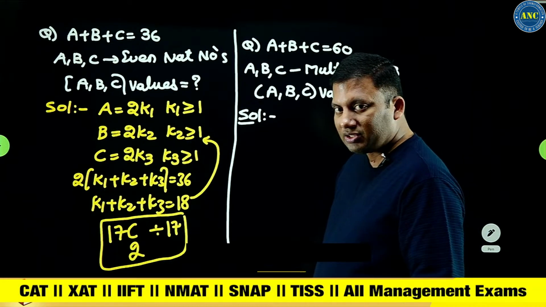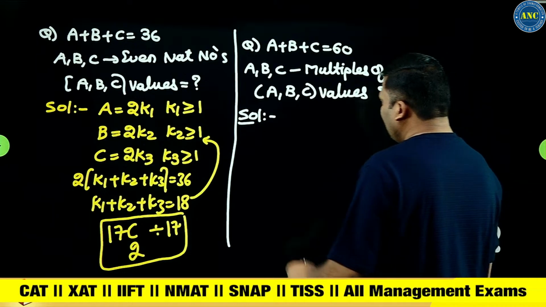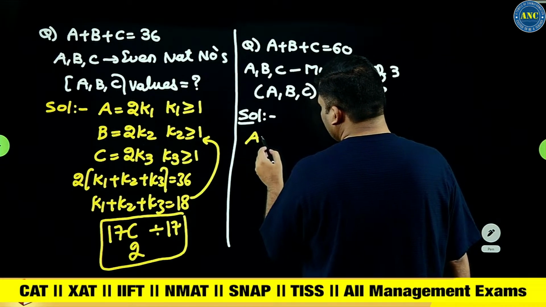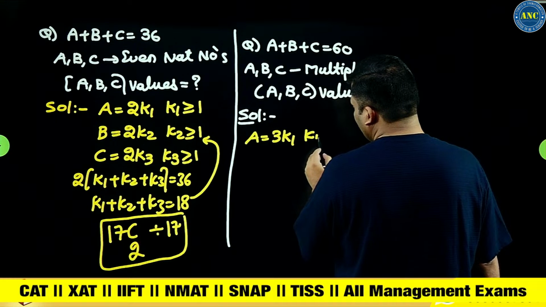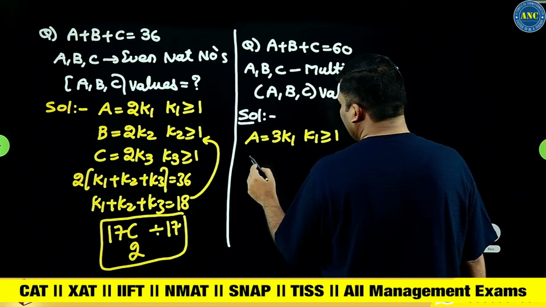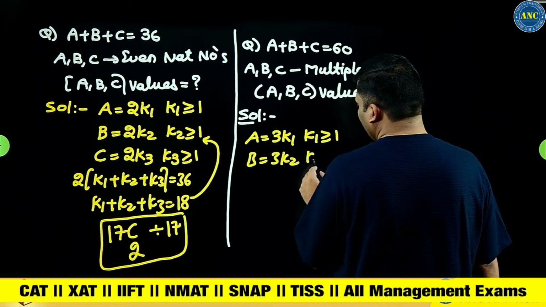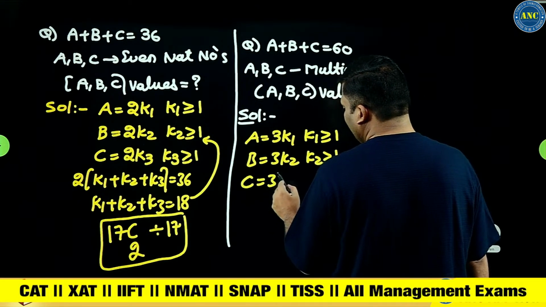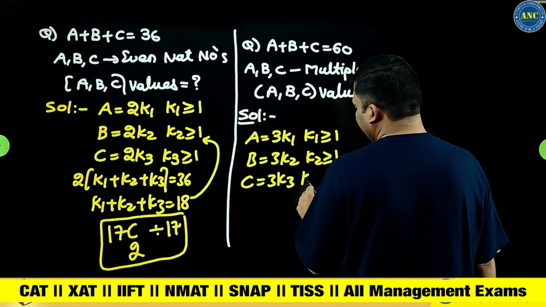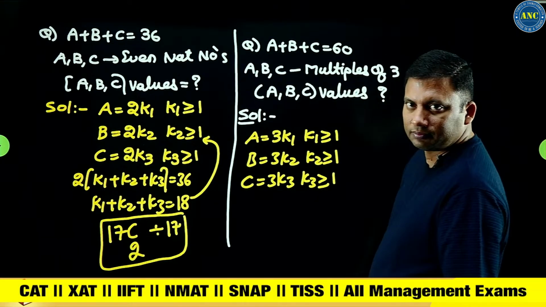Even number means it is a multiple of 2. Here A, B, C are multiples of 3. That means A will be 3k1, B will be 3k2, and C will be 3k3, with k3 ≥ 1.